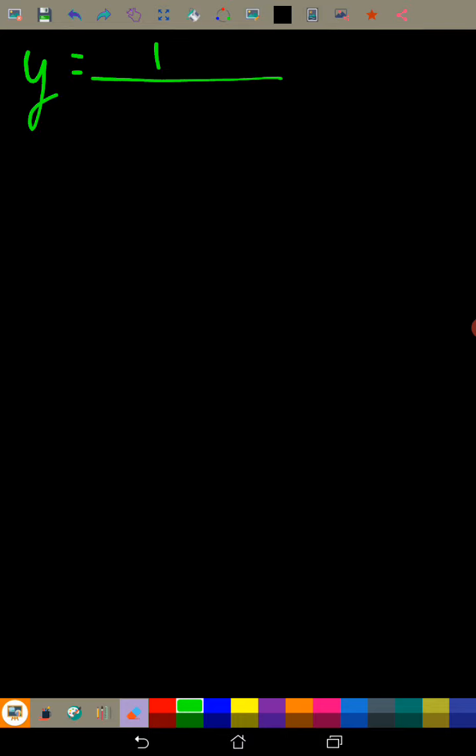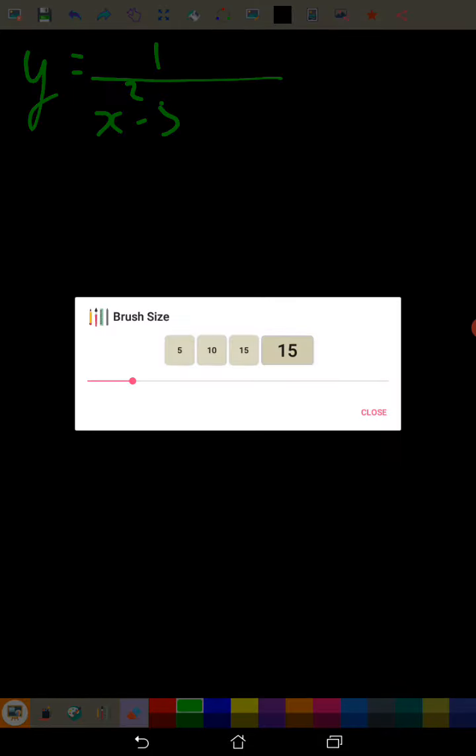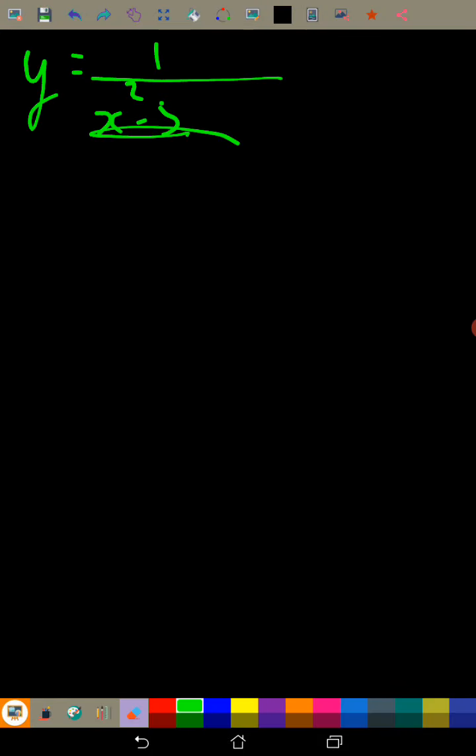Then we have x squared minus 3x plus 7. I can't do this in a better way. So I have x to the power of 2 minus 3x plus 7.